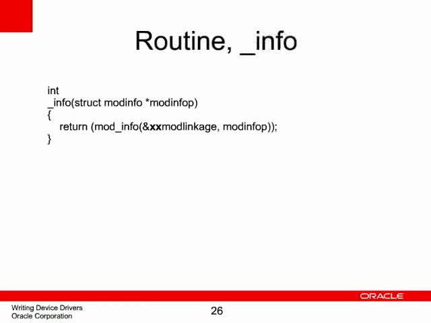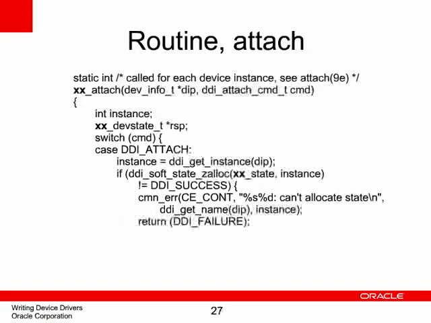Now, the important stuff. Attach is how you actually attach a specific instance of this driver to a particular piece of hardware. There's a lot of things that can happen in the attach routine. Init and fini only get called once when you first initialize and when you clean up after the driver.